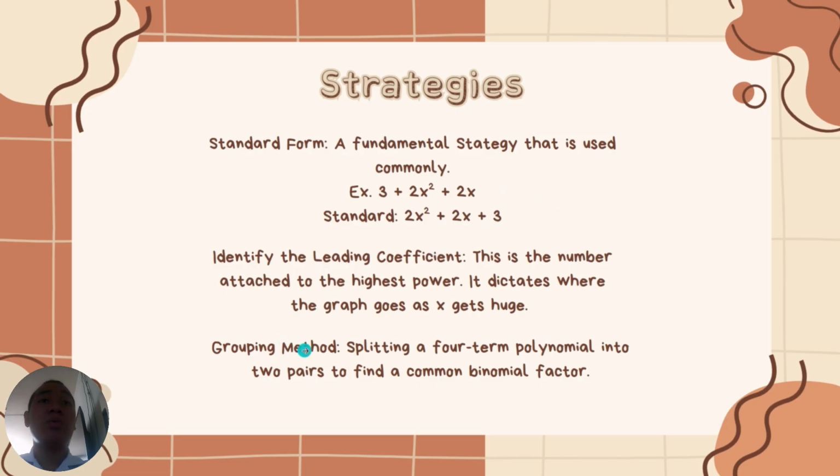Next is the grouping method, splitting a 4-term polynomial into 2 pairs to find a common binomial factor.